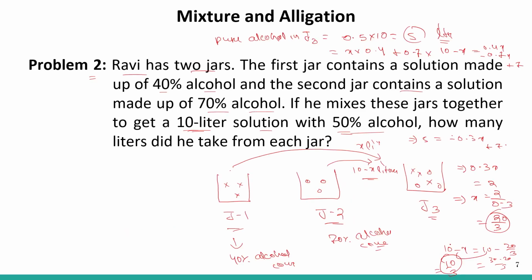So basically at the end what we need is 6.67 liters of 40% alcohol solution and 3.33 liters of 70% alcohol solution. This scenario is required so that you could get a 10 liter solution with 50% alcohol.